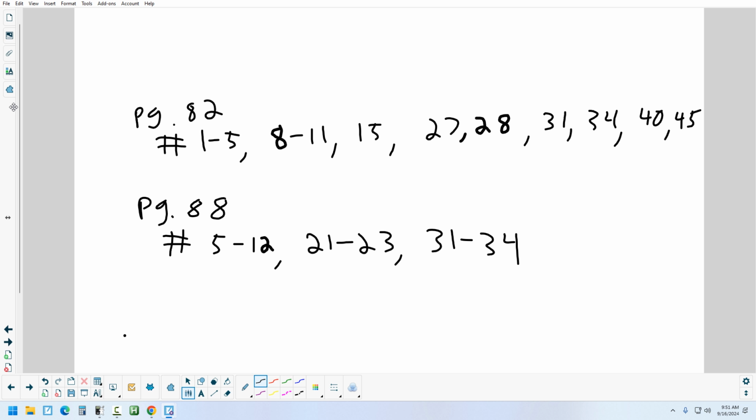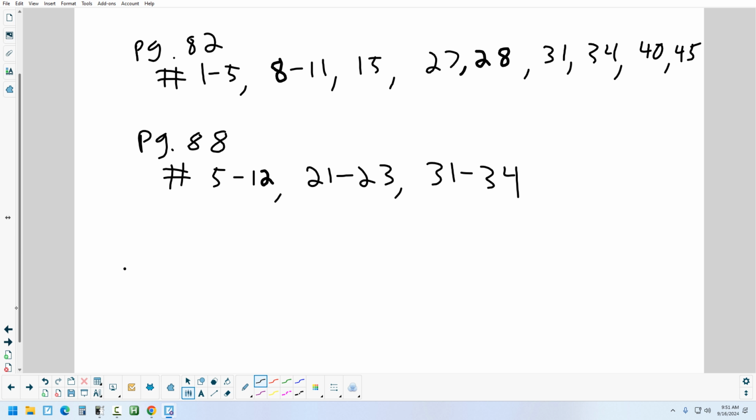And then page 88 is the stuff on the interest problem. I think 31 to 34 is an interest problem very similar to the one we just did in class. So take a look at that tomorrow. And reminder, I'll be here after school Wednesday because this week our test will be on Thursday.